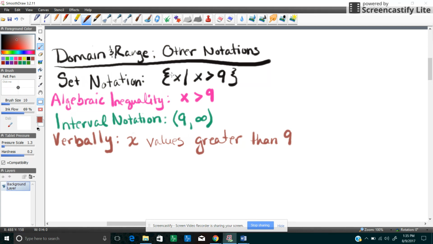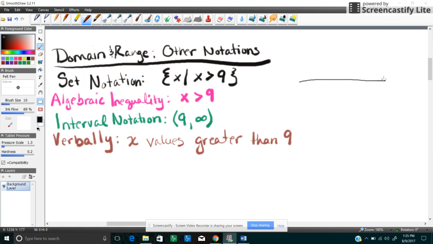In this example that I gave here, my set notation was x is greater than 9 for all x in the set. So my algebraic inequality again is just the same thing, x is greater than 9, minus all the fancy stuff. For my interval notation, just to give you a quick run through, it sometimes helps if we do a number line. So I'm going to draw a number line here on the side.